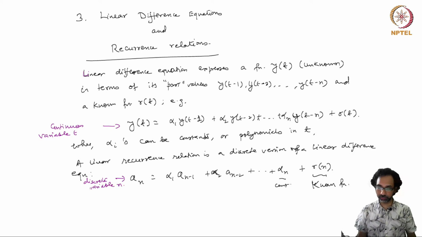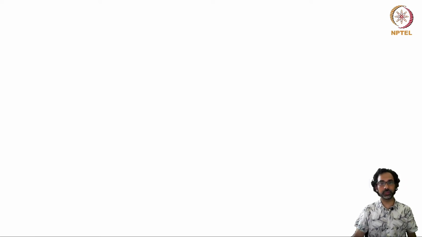This is the only difference between a linear difference equation and a linear recurrence relation, and they are very closely related, because if we are given a linear recurrence relation, we can always turn it into a linear difference equation. So we will see an example. Let's see how the Laplace transform can be used to solve such equations.